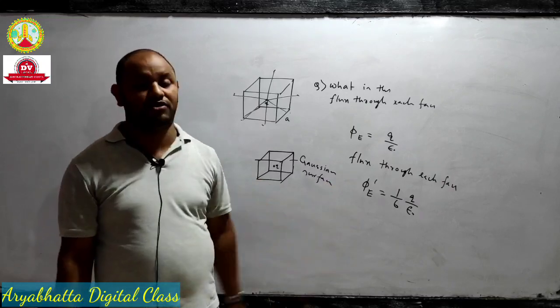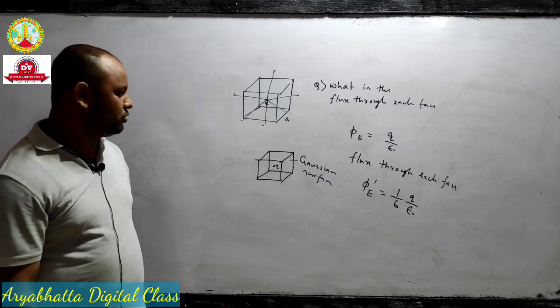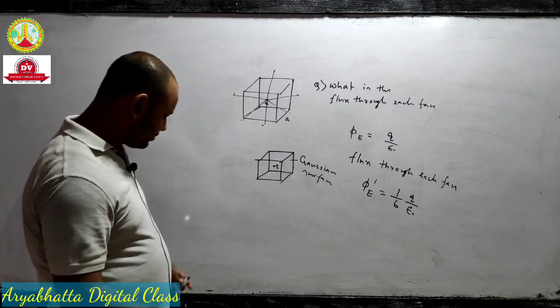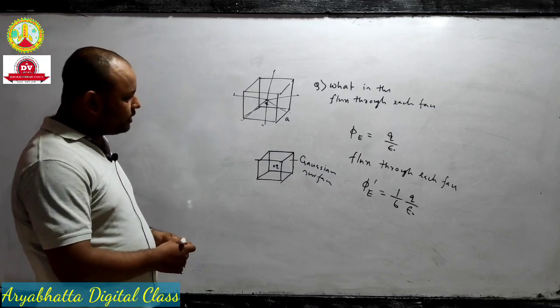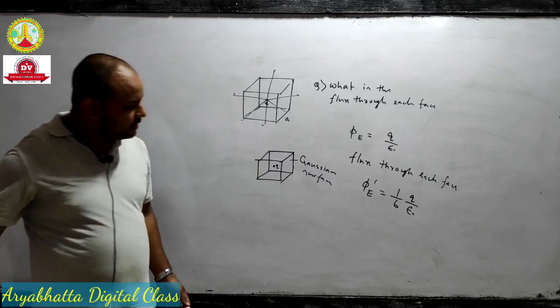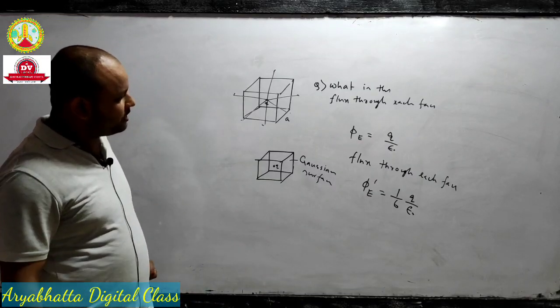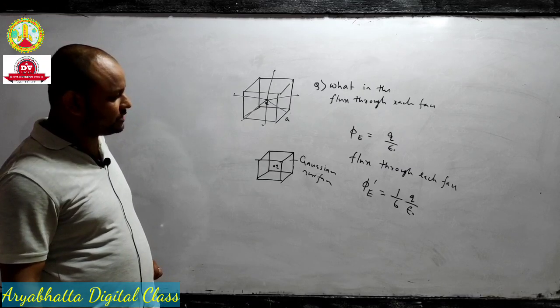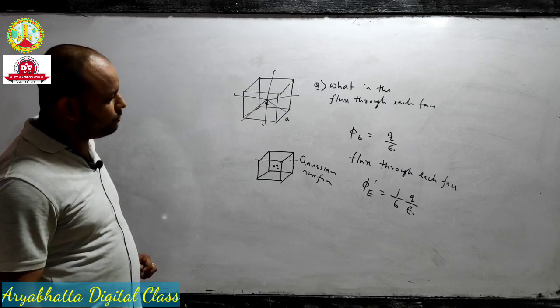This is the value of electric flux through each face. When the charge is at the center, the flux through each face is 1 by 6 Q by epsilon naught.